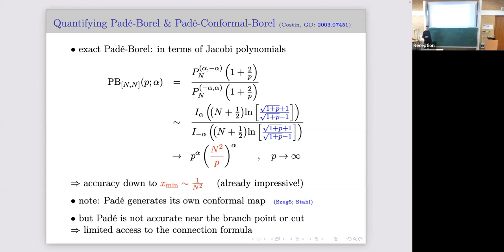But it's extremely difficult to extract that information using just the coefficients. But what Padé does is it creates, as n goes to infinity, a cut there, and so it's created the domain of maximal analyticity.